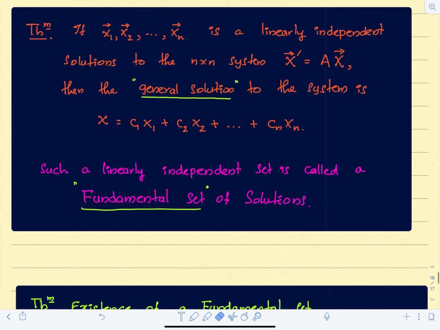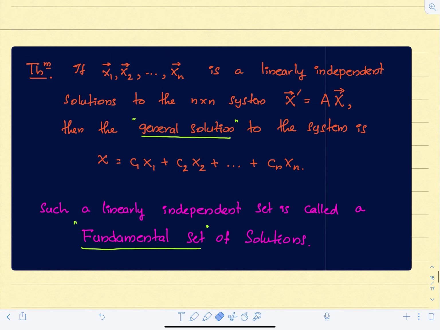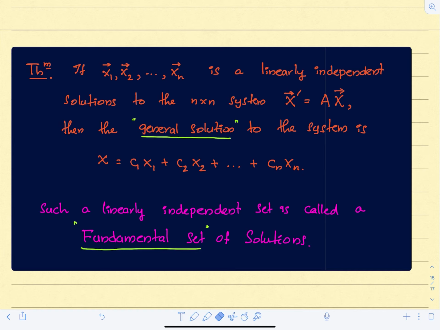From these solution sets we defined a set called the fundamental set. So basically if we consider the general solution, then the general solution of a homogeneous problem contains the linear combination of these solution vectors.